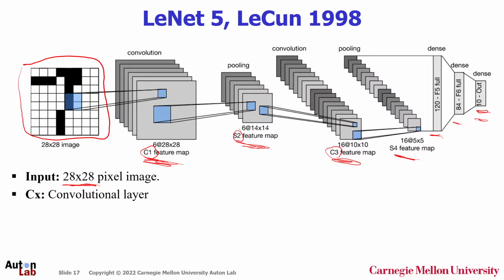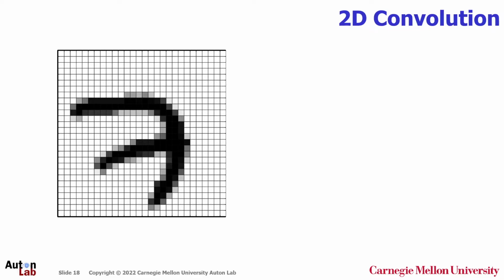S2 and S4 are pooling layers, and there are 3 fully connected dense layers, F5, F6, and the output layer. Sometimes the pooling layers are also called subsample layers. In the next few slides, we will discuss the details of these layers. We will use several 2D convolutions.